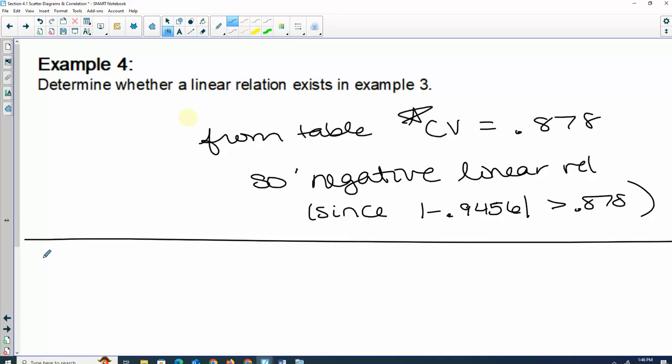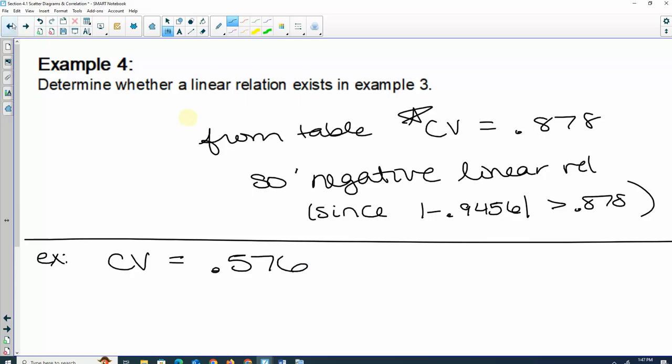We could do example 1 too, because that's the one I had entered on my calculator still. In example 1, how many points were there? 12 ordered pairs. So go to your table. What's the critical value when your n is 12?